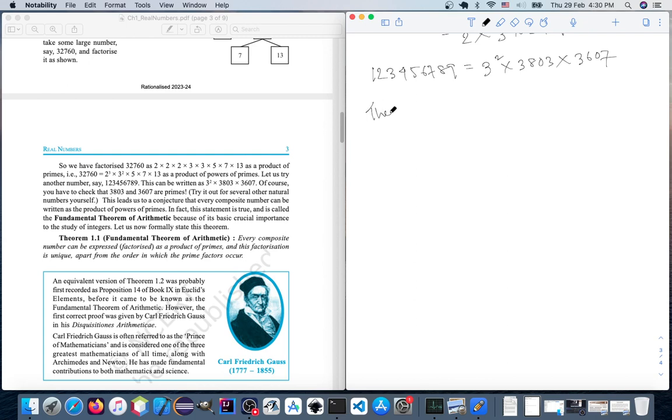theorem. That is, it says Theorem 1.1, Fundamental Theorem of Arithmetic. So what does it say? What does this fundamental theorem of arithmetic say?